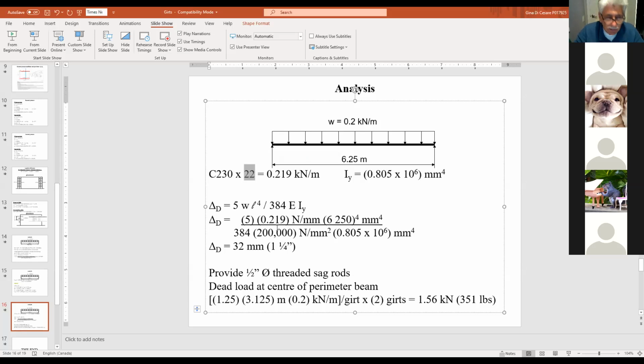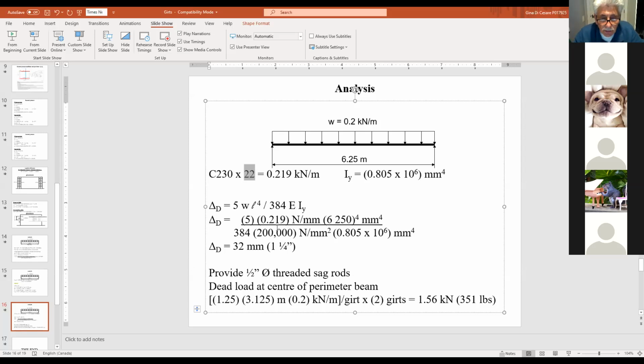So now I take these values: 5 times 0.219 times 6250 to the fourth, divided by 384, 200,000, divided by 8. I get 27 millimeters.